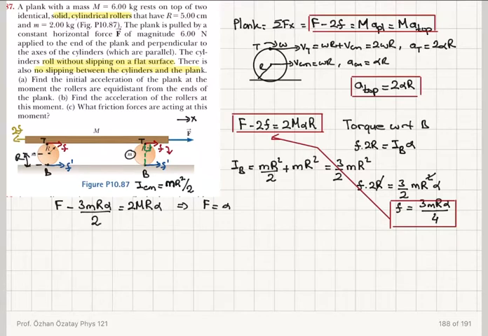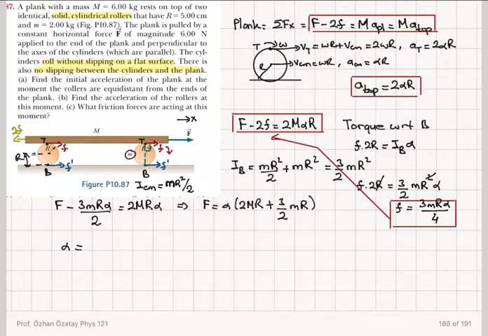So that means I can solve for alpha from this equation. F is equal to alpha times 2 capital M R plus 3 over 2 small m r.